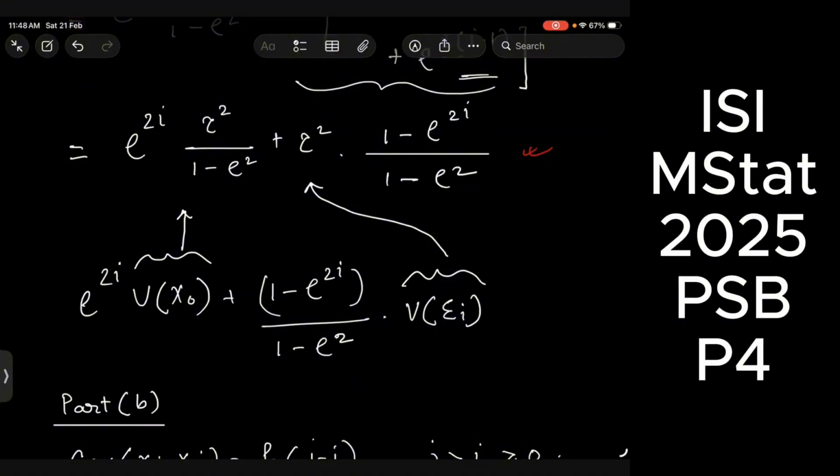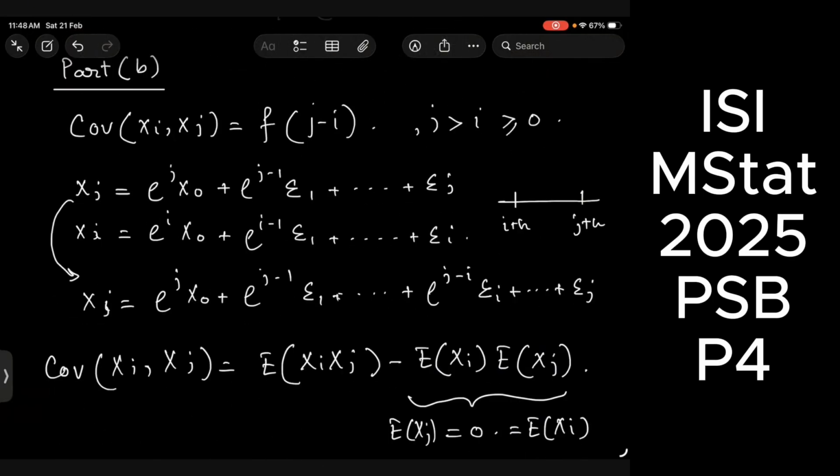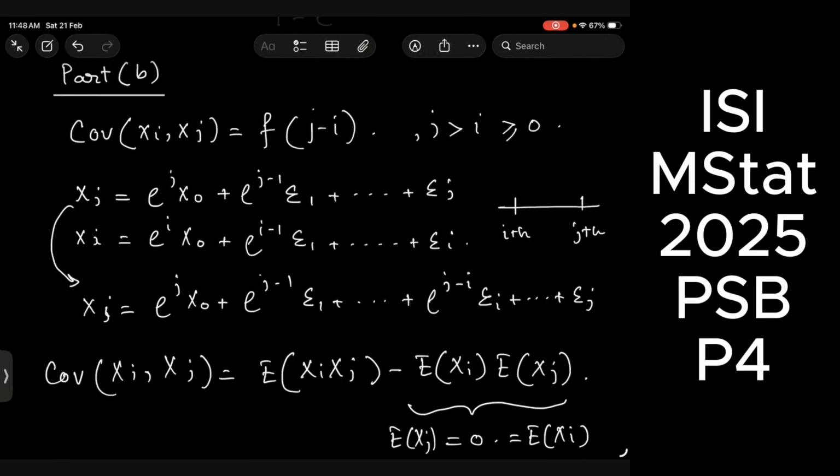Now for part B, we need to calculate covariance of xi and xj. Okay. Then in the similar way, I have written down xi and xj, right? Now what can we do?